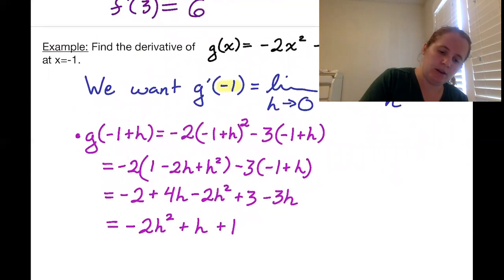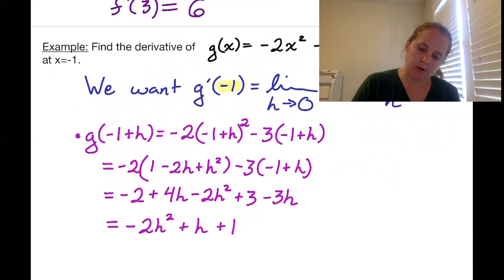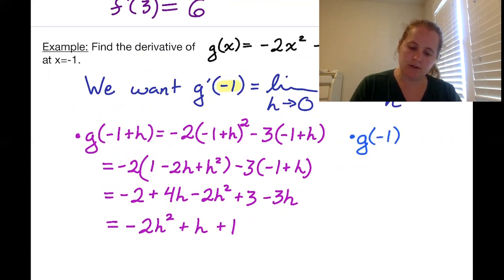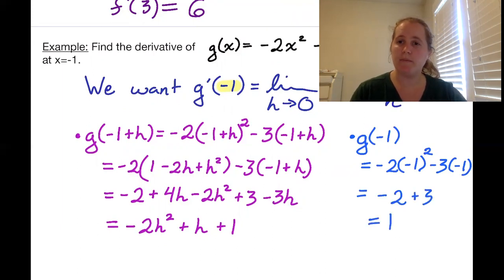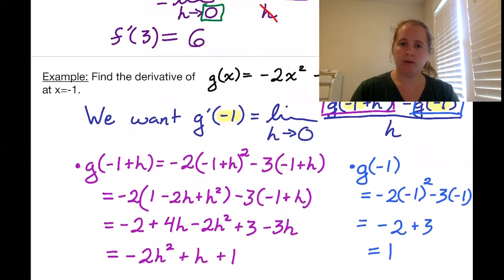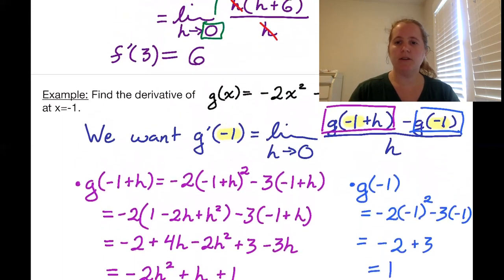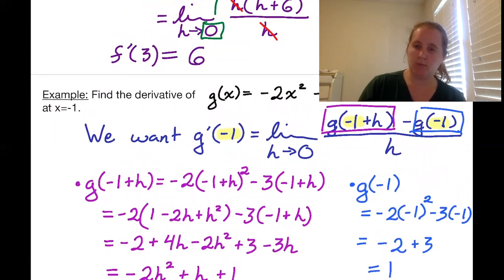And then the other thing we needed was g of negative 1. For g of negative 1, we will have negative 2 times, in parentheses, negative 1 squared, minus 3 times negative 1. This becomes negative 2 plus 3, or simply 1. At this point, we know the two pieces that we needed to fill into our difference quotient.